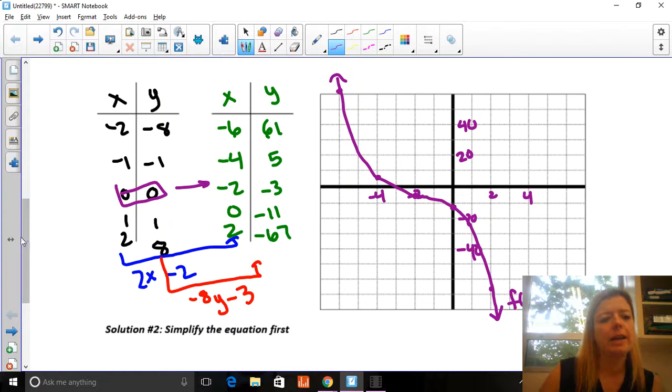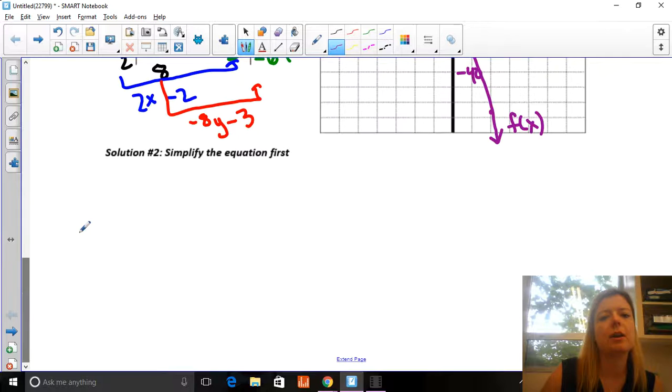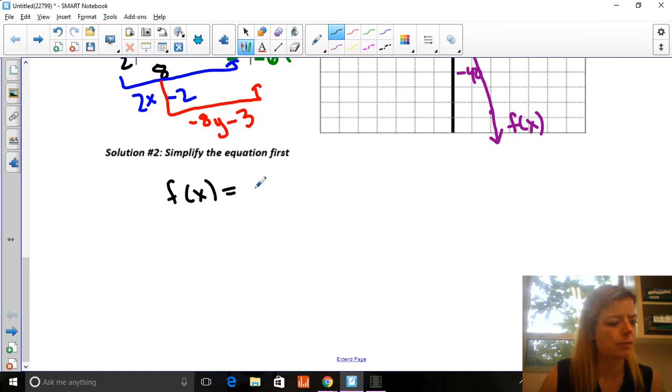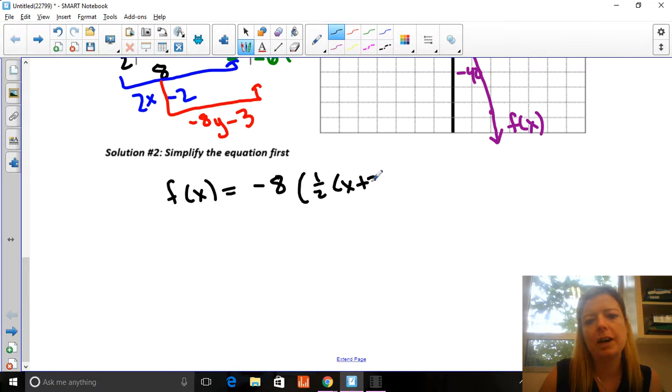All right. Now, another way of doing this, which is not as obvious, is that you actually could have simplified the equation first. So I'll show you how to do that. Now, this is not something that you have to do, but if you notice that you can do it, it will make your life a lot simpler, just in terms of the actual transformations. So notice that this 3 is this cube.